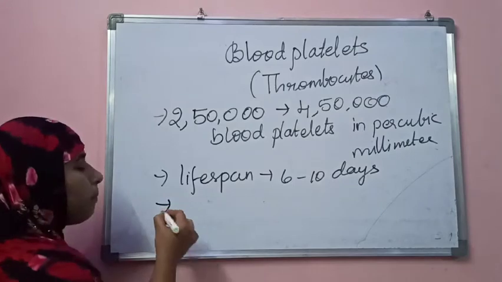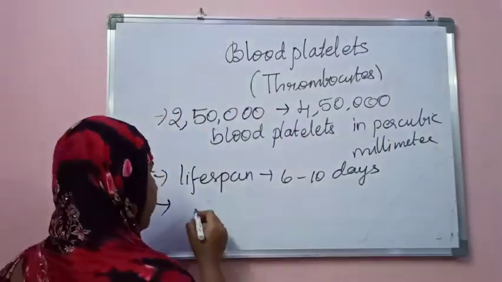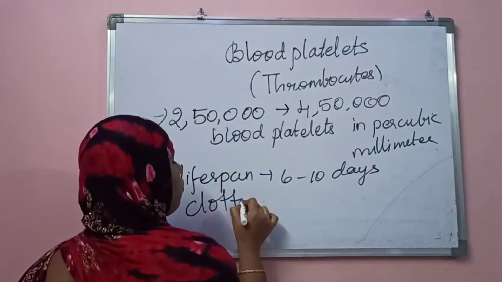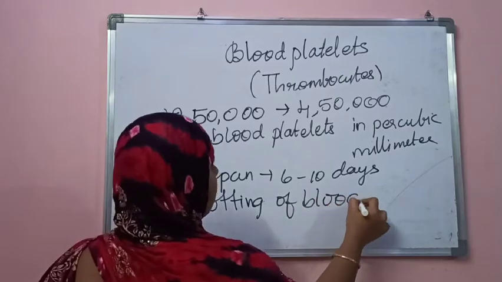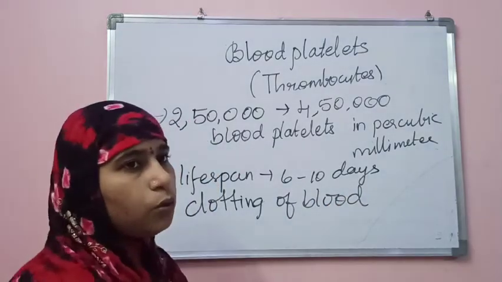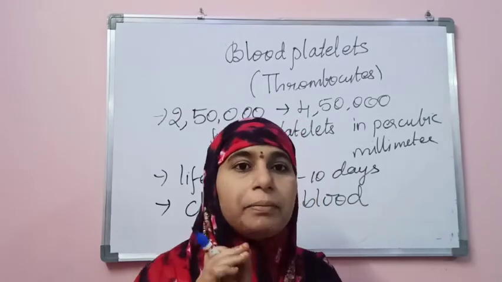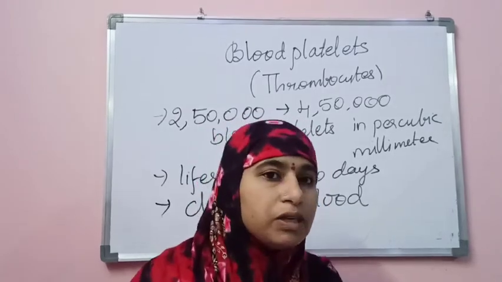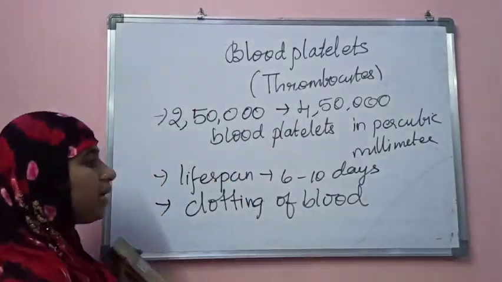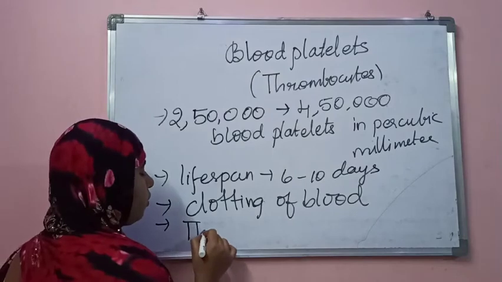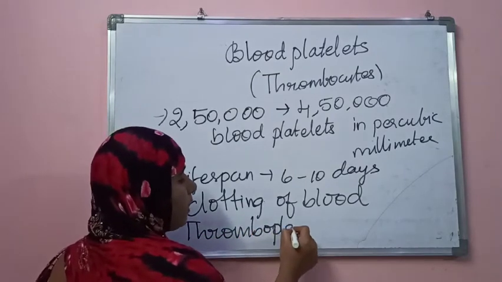And here the blood platelets are very helpful in the clotting of blood. So when there is an injury or a wound, when there is a cut, the blood does not flow continuously. It will be stopped after a particular period of time. How it is stopped is due to the presence of the blood platelets. In these blood platelets there is a particular protein called thromboplastin.